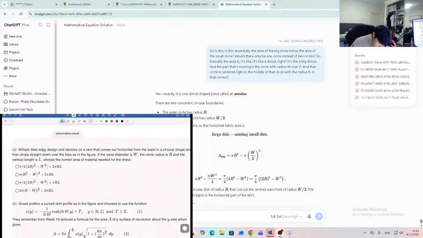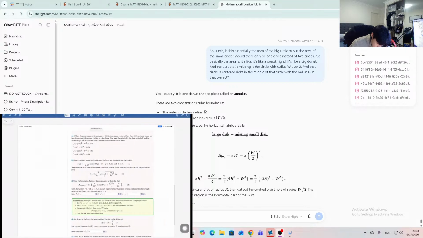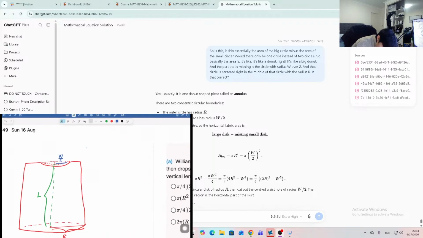Basically, he likes the edgy design and decides on a skirt that comes out. It's got this type of design. This is like a 2D flattened.